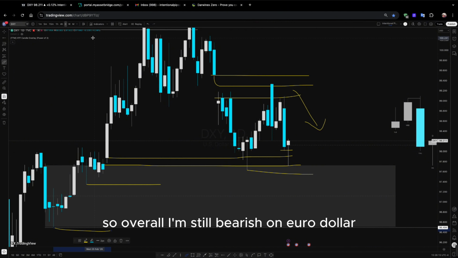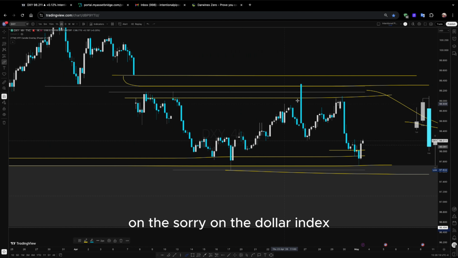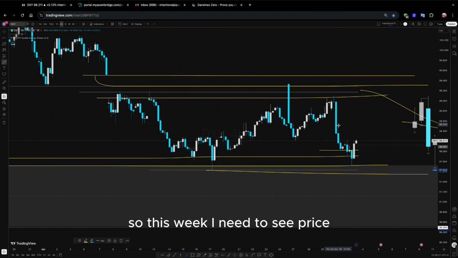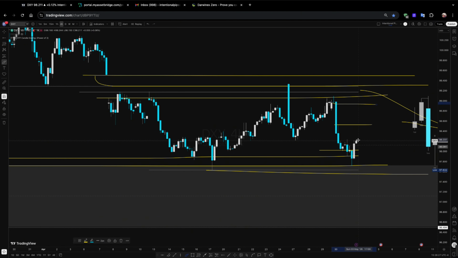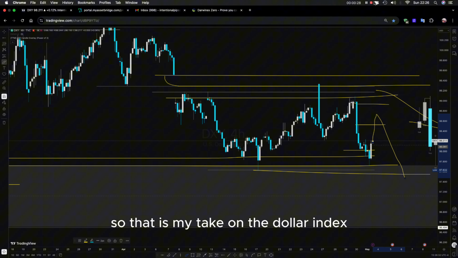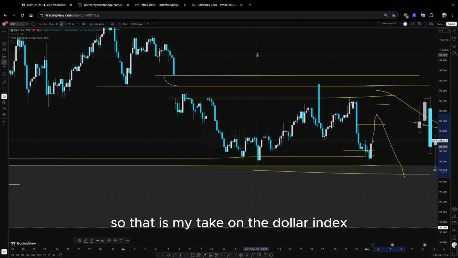So overall, I'm still bearish on euro dollar, on the dollar index. So this week I need to see price at least coming to this area of imbalance to fill this inefficiency and then come back down. So that is my take on the dollar index.